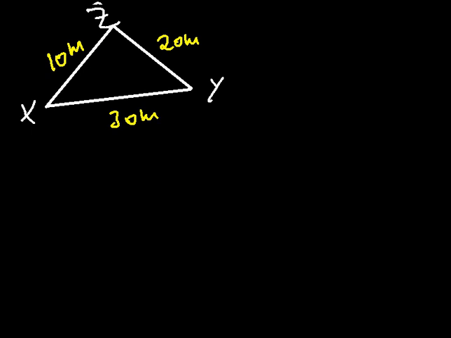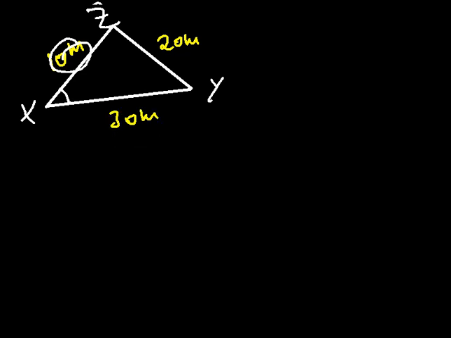Now first thing, we should calculate the angles of the triangle. So mind you, this is a non-right-angled triangle. Let's have an interest in the value of the angle X. If we are to find the value of the angle X, we have its opposite side, which is 20 meters, and we have the other two sides.